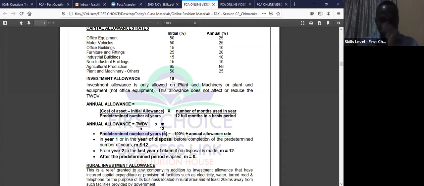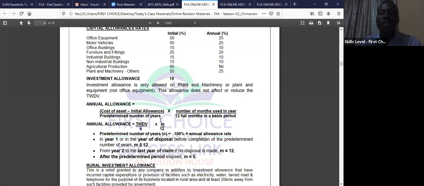We simply say 100% divided by annual allowance rates. Let's take, for example, plant and machinery. We'll say 100% divided by 25%. So 100 divided by 25 will give you 4. So that would mean that N here is going to give me 4.